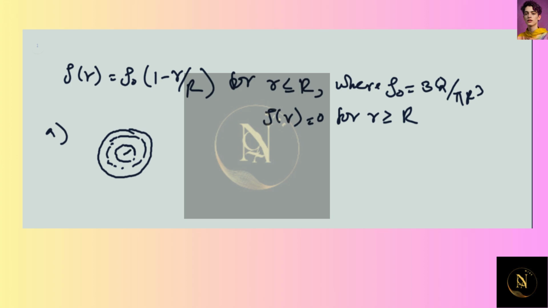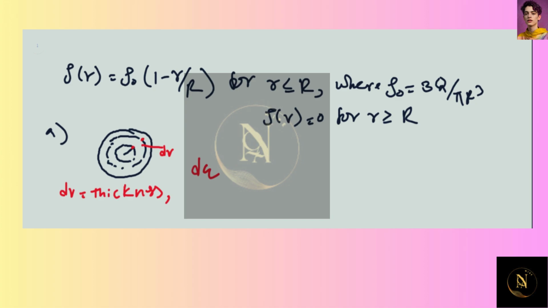So let's say the innermost has a radius r here, and the distance from here to here is dr. r is the radius and dr is the thickness. We find dq in each shell and integrate to find the total charge.